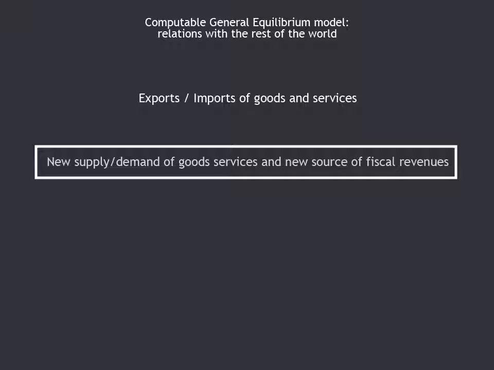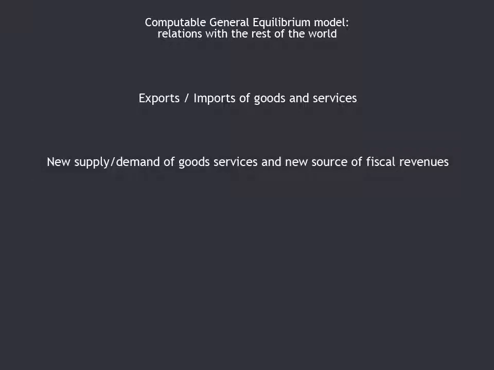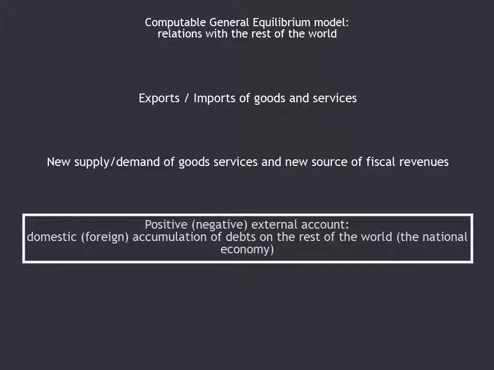So this also implies a new source of fiscal revenues, in particular if the government applies custom duties, import duties, but also export taxes. And it means also that we may have either a positive or a negative current account, a surplus or a deficit, or what we also call a goods and services account or an external account.